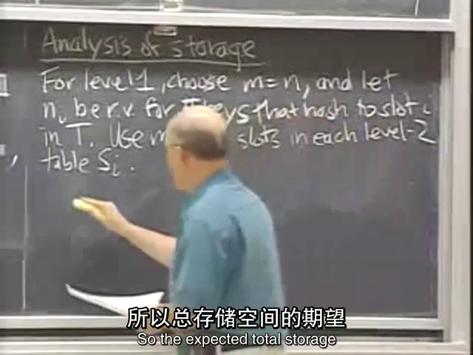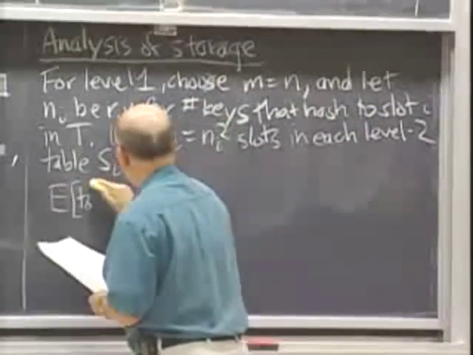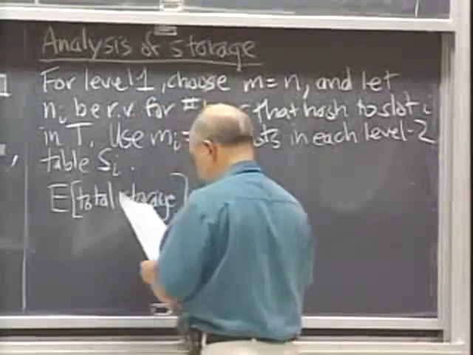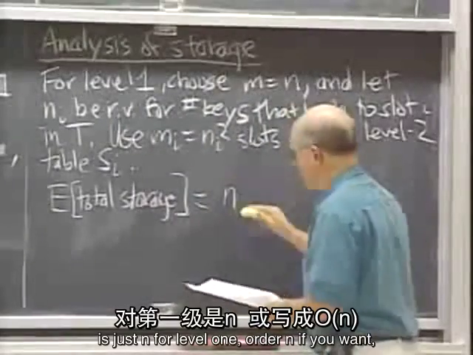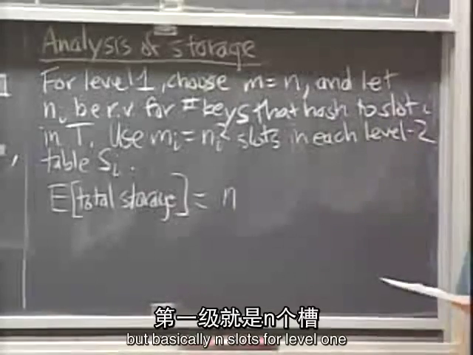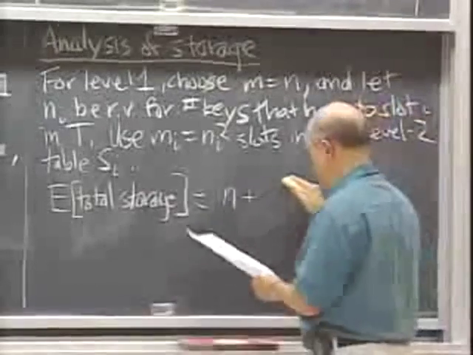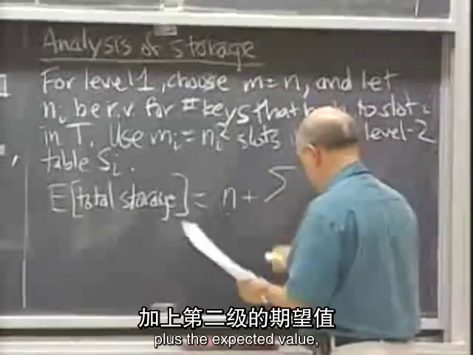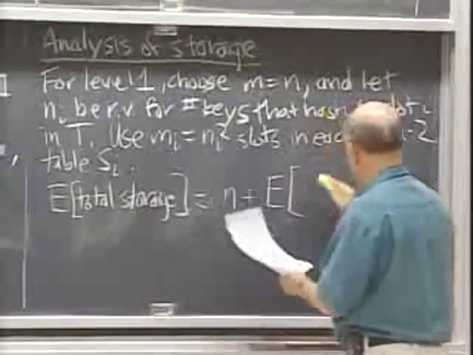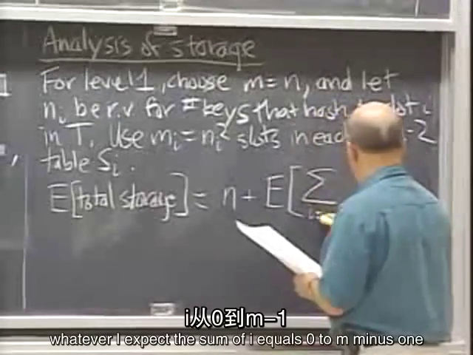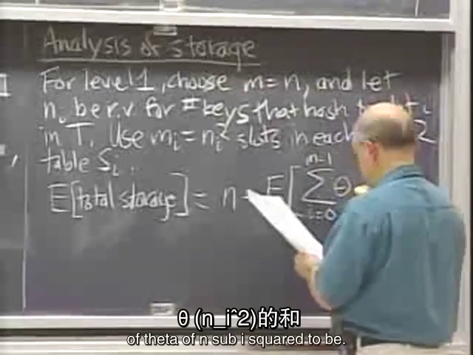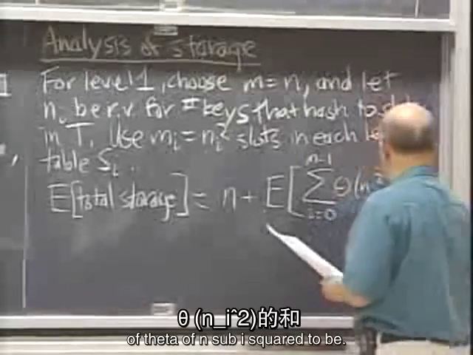So the expected total storage is just n for level 1, order n if you want, but basically n slots for level 1, plus the sum, the expected value, whatever I expect, the sum of I equals 0 to m minus 1 of theta of n sub I squared.